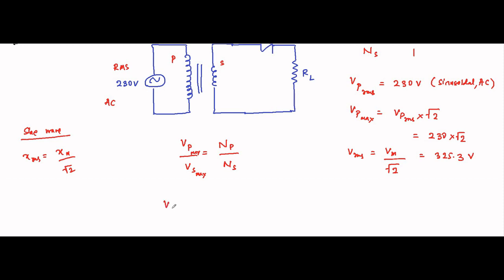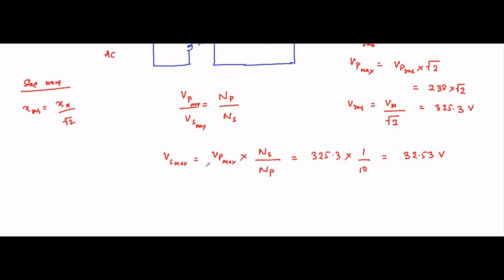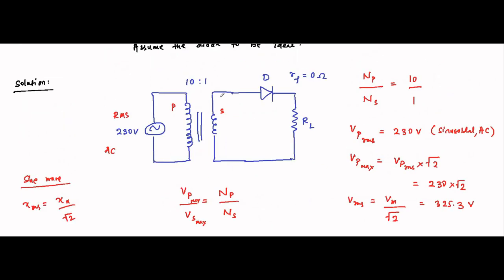So Vs max is equal to Vp max into Ns by Np, which is 325.3 into 1 by 10, that is equal to 32.53 volt.